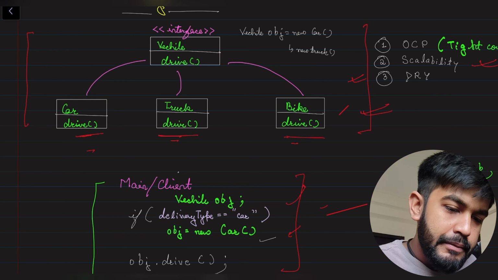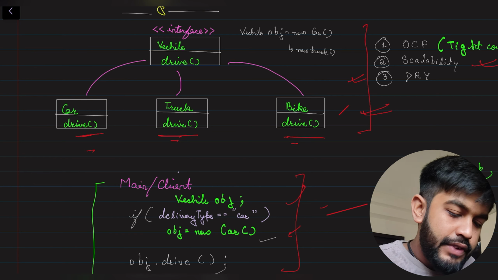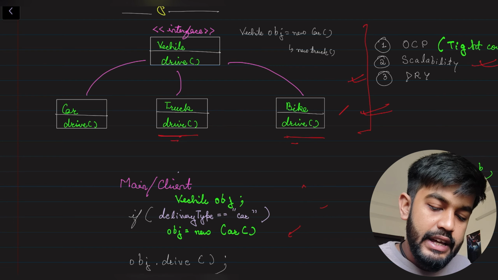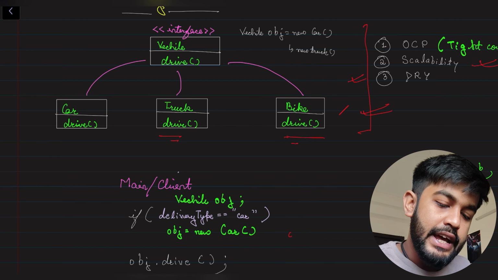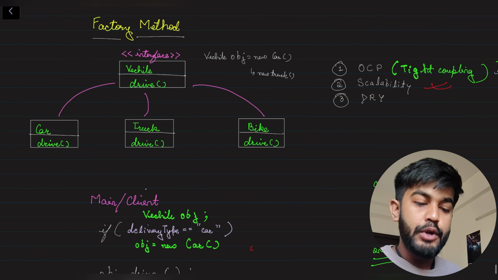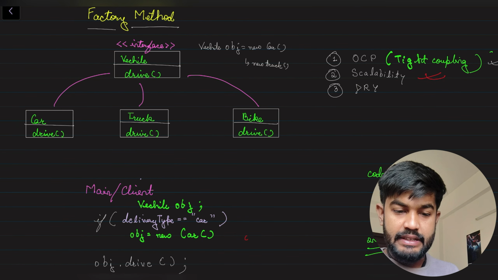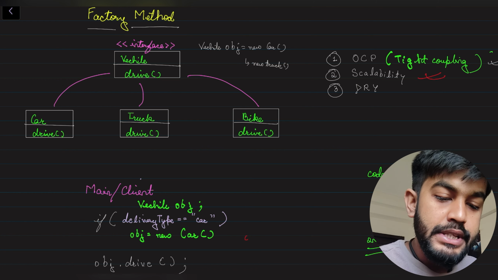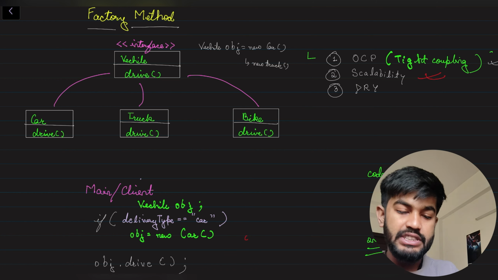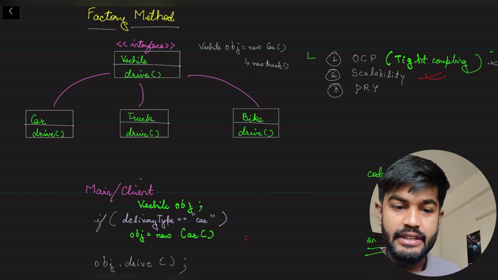Now, see, let's use a very generic problem solving idea to solve it, and then we would see what can be done. So now, if we take a closer look at the problems that are existing, see, open closed principle or tight coupling is there because this client class is handling everything.